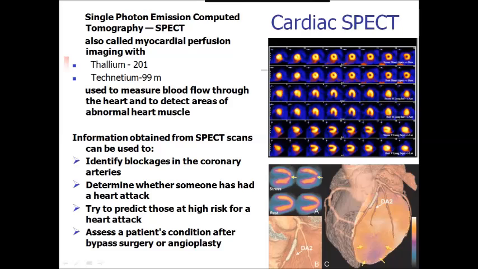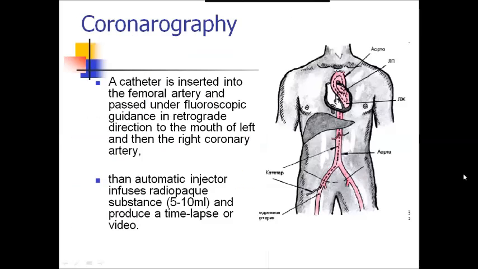Information obtained from SPECT scans can be used to identify blockage in the coronary arteries, determine whether someone has had a heart attack, try to predict those persons at high risk for heart attack, and assess a patient's condition after bypass surgery or angioplasty.